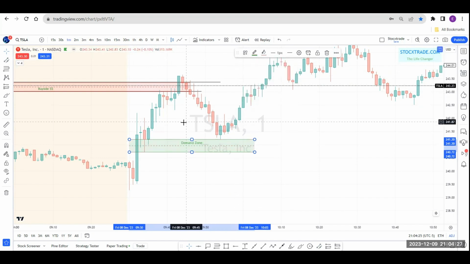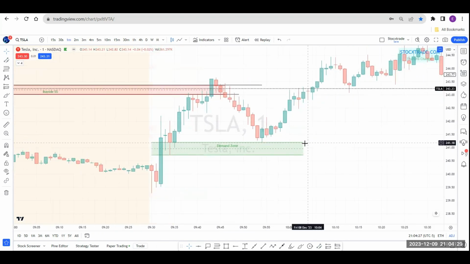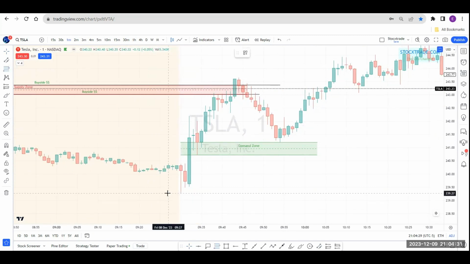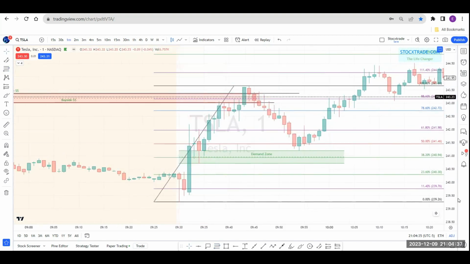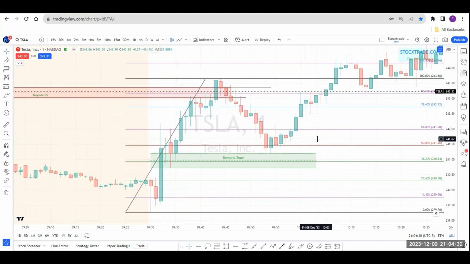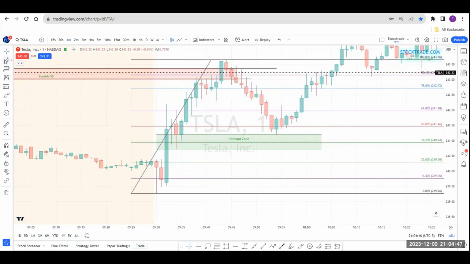This is your demand zone, and if I go with the Fibonacci, this demand zone or fair value gap should be inside the discounted zone, below 50%. You have a fair value gap here below this demand zone.